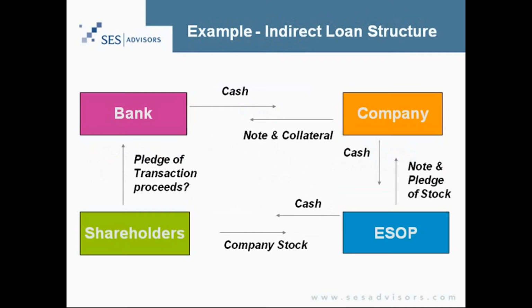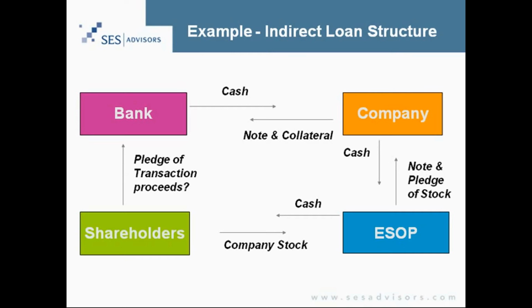That cash in turn is used to purchase the stock from the shareholders. That stock in turn is pledged as collateral on the company ESOP note, and then in turn pledged to the bank as collateral along with other types of collateral on a loan from the bank to the company.